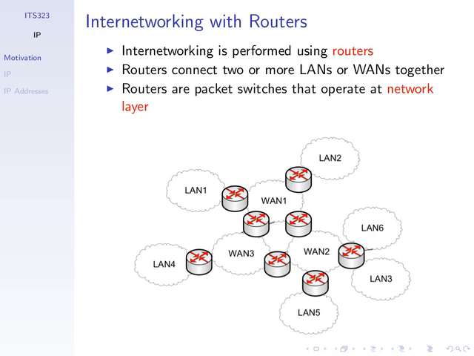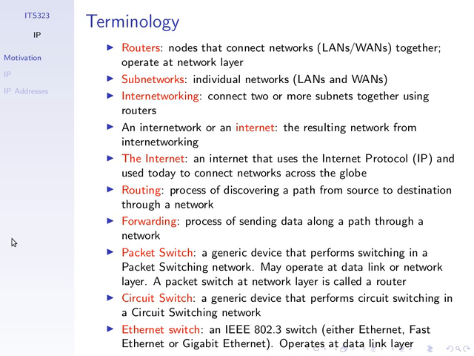With the internet with the uppercase I, an internet, we refer to any network made up of connecting subnetworks together. The Internet is a specific internet that uses the Internet Protocol, which we're going to go through in this topic. And it's the network that we use today.